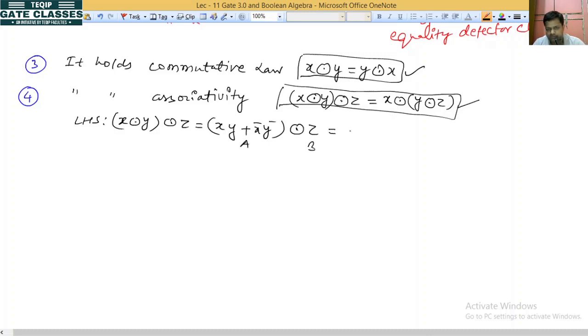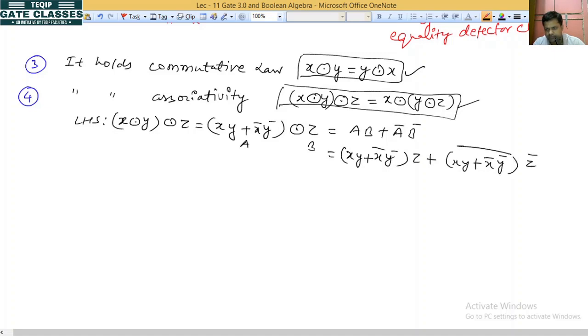So what we have is ab plus a bar b bar. So you can write it as, a is xy plus x bar y bar, and z, plus the whole bar of xy plus x bar y bar, and z bar.